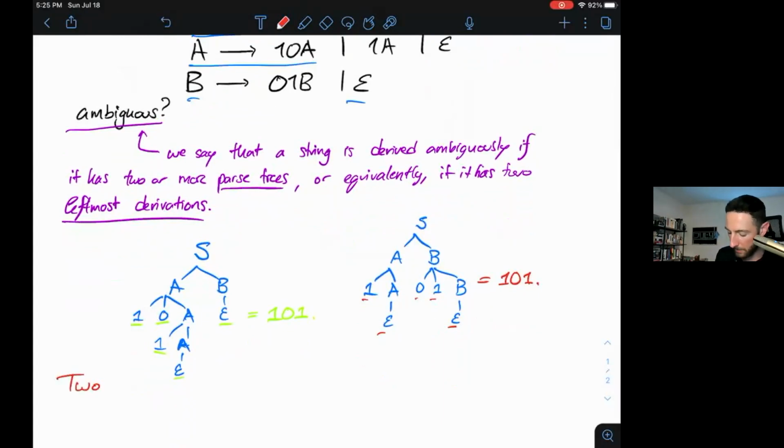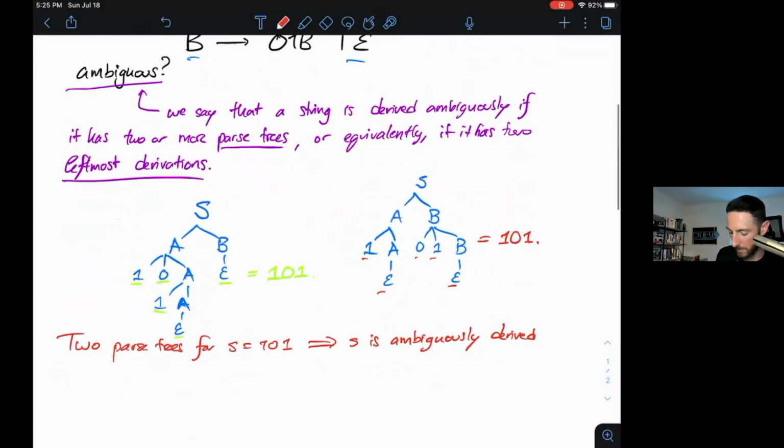Because I have two distinct parse trees for the string 101, this implies that it is ambiguously derived. And of course, we say a grammar is ambiguous if at least one string is derived ambiguously.